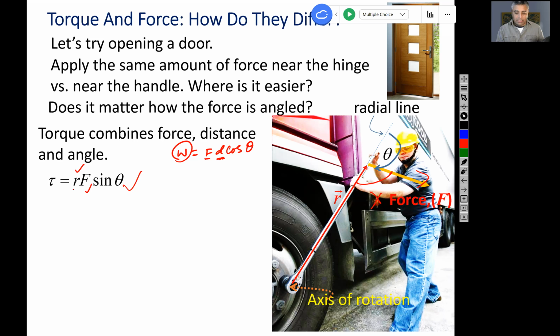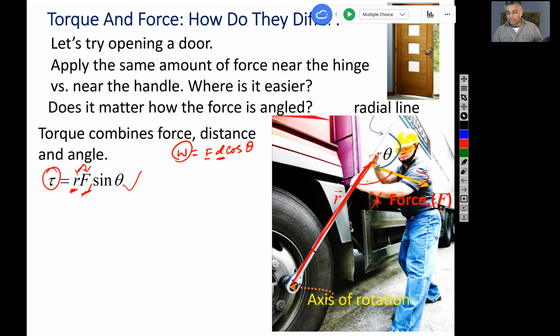Over here, the position vector looks more like a displacement when we look at the notation. Both of these are vectors. We are multiplying R and F, and we are getting torque. And torque is also a vector.